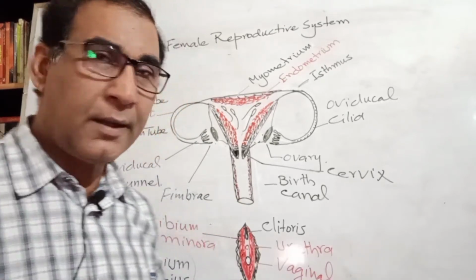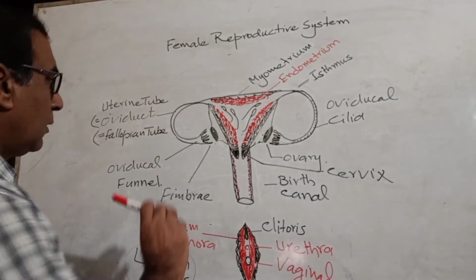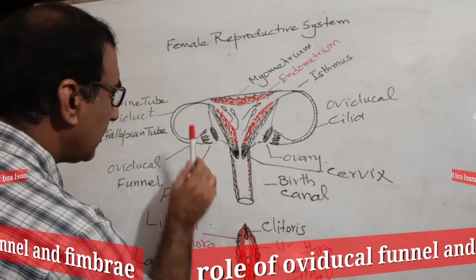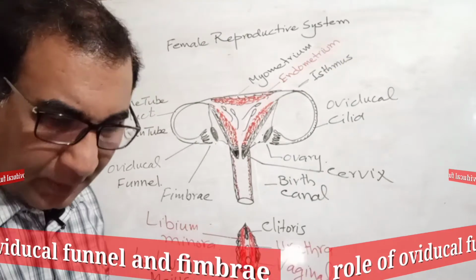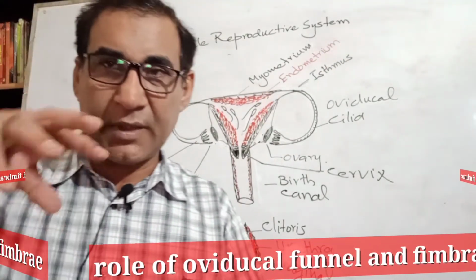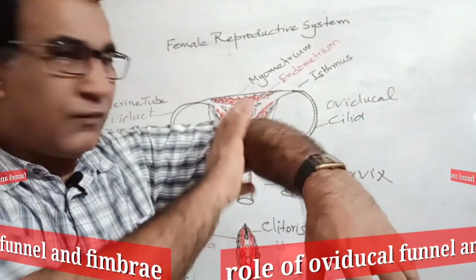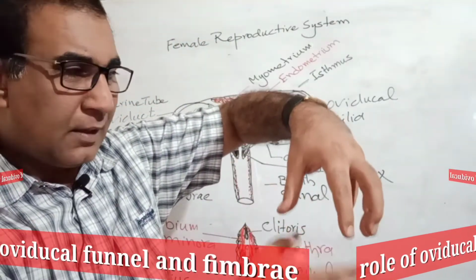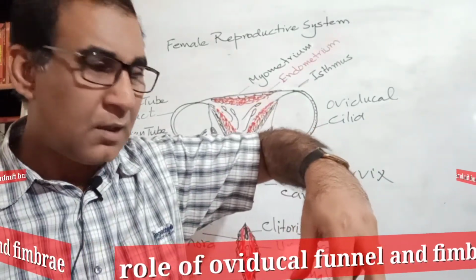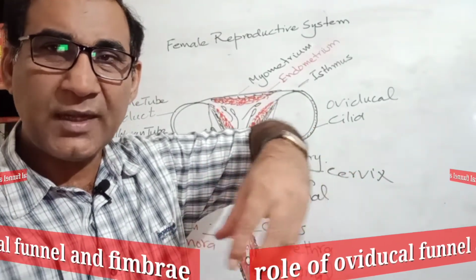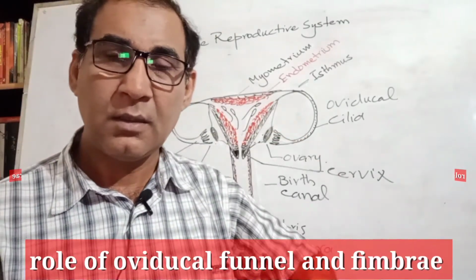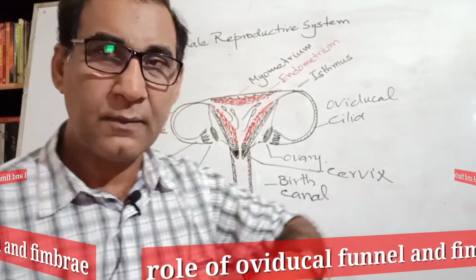Clear? Now, the oviduct ends in an ampullary or funnel-shaped structure, and that funnel-shaped structure is known as the oviducal funnel.